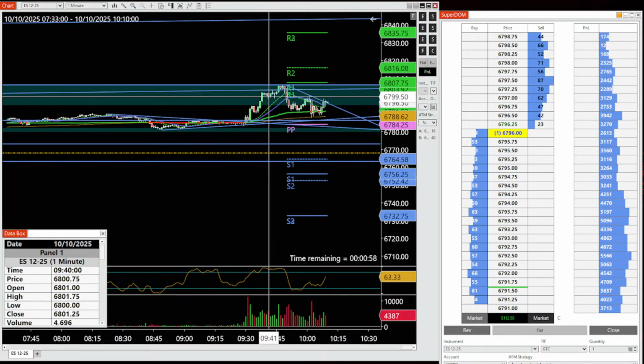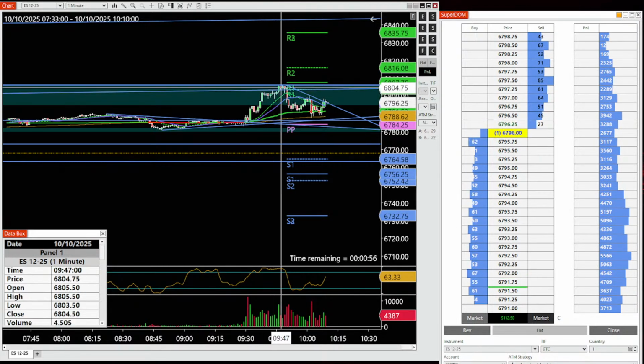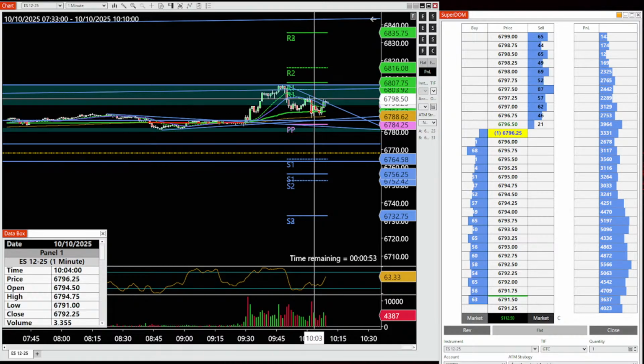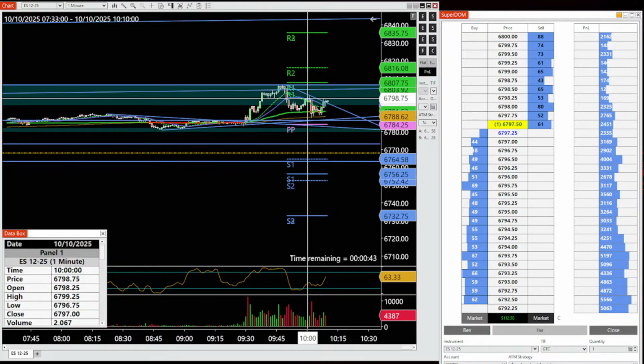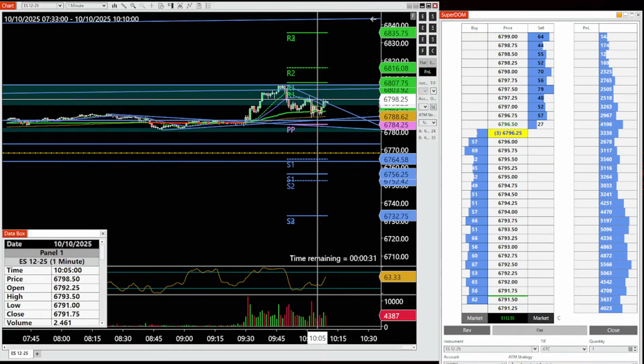Even here in the beginning it just had some chop, which came back down, but this area is not easy to get through. Not saying it won't, but it's not easy. It's gonna be a rough ride holding through 94 to 6,800.